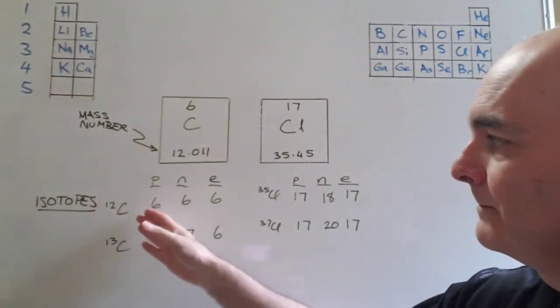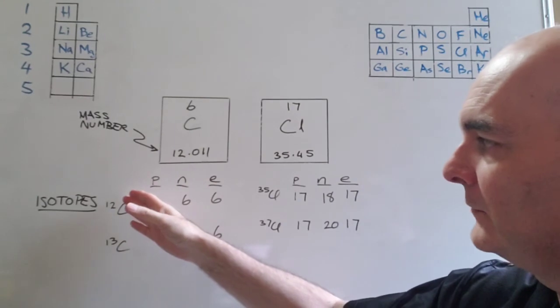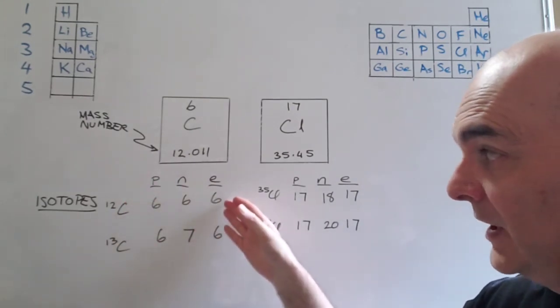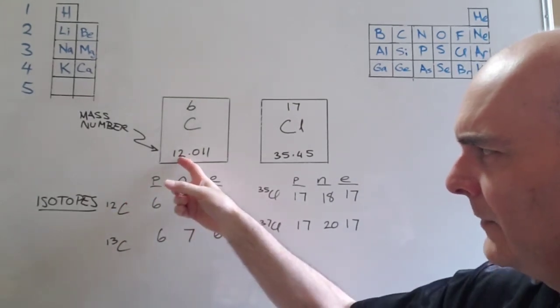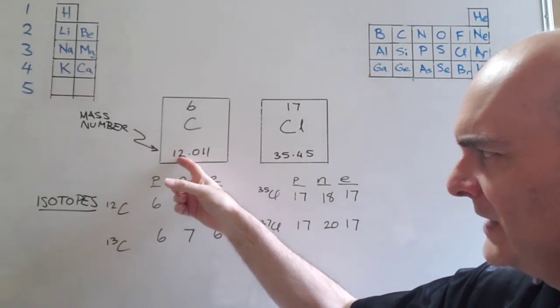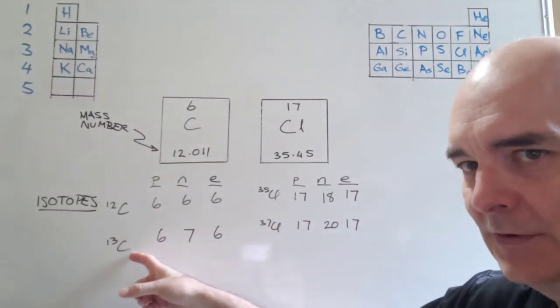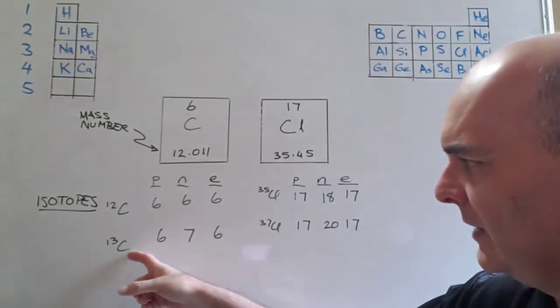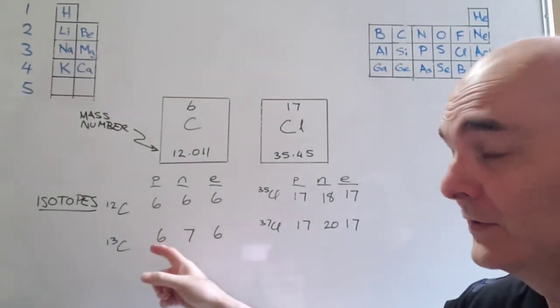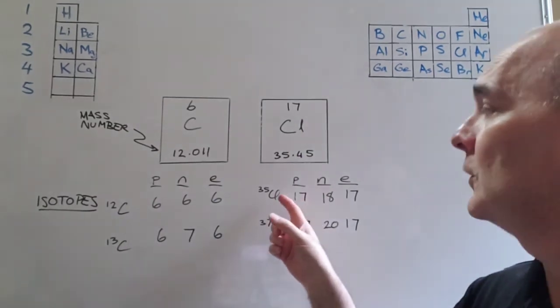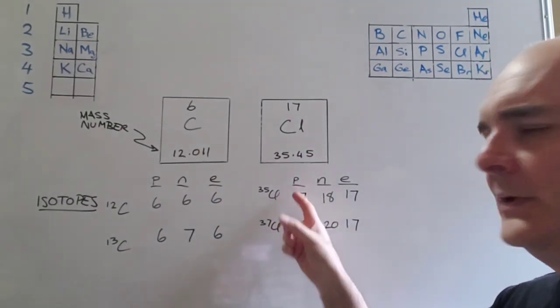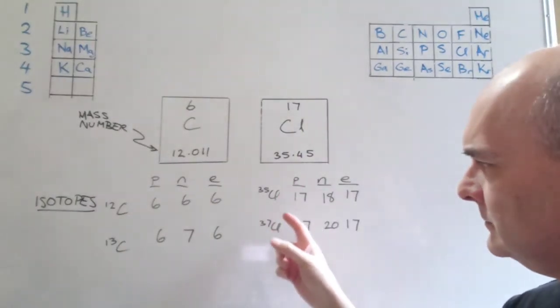And for carbon, carbon-12 is the dominant isotope. That's why the mass number on the periodic table is so close to 12. And there is a small amount of carbon-13 available in nature. There's also a very, very small amount of carbon-14. For chlorine, the numbers are closer.